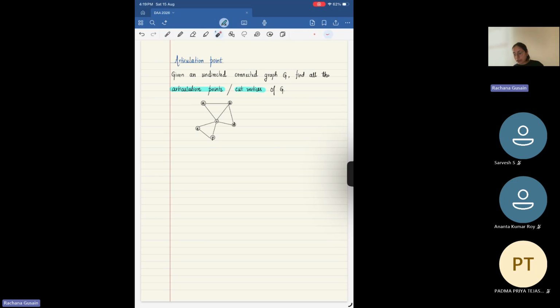First of all, is this graph connected? The entire graph? It's very easy to identify whether a graph is connected or not. Yes, ma'am, it is connected. Every pair has a path. Whichever pair you take, there is a path from one vertex to the other. Now, is there a cut vertex in this graph? Padma Priya, is there a cut vertex in this graph?